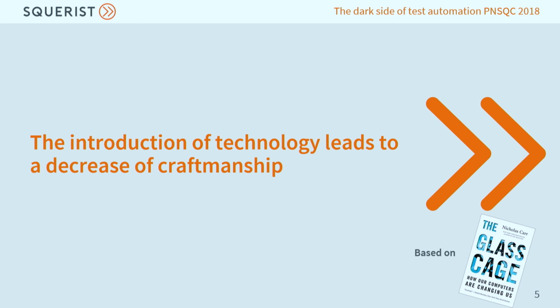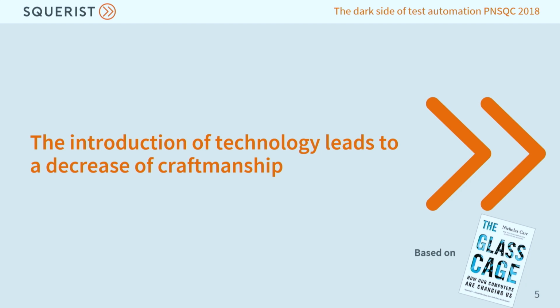I think everybody in test automation should read this book. It's a very good read. You read it during vacation, and it has nice stories about the reasons why relatively more planes are crashing due to human interaction. So pilots began to unlearn how to fly a plane because the computer is doing it. The same happened in Holland, actually.